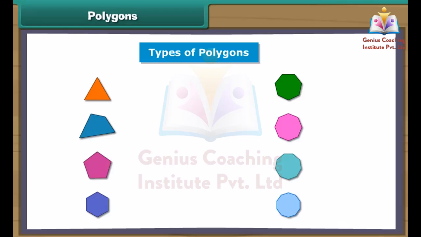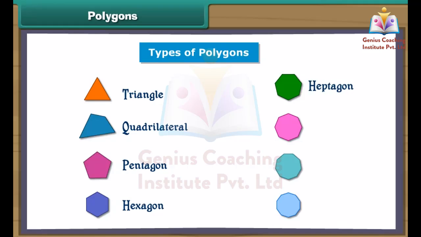They are triangle, quadrilateral, pentagon, hexagon, heptagon, octagon, nonagon, and decagon. Now we will learn more about each polygon one by one in details.